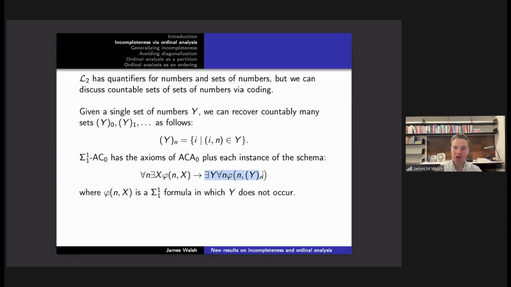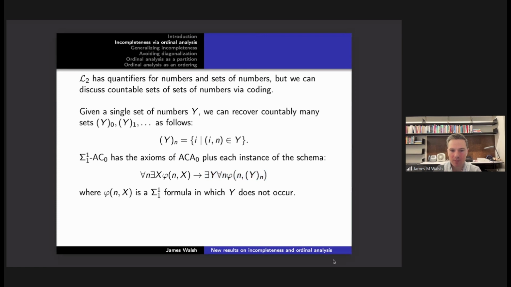Then the claim is you can find a single set, a set of sets, as it were, right? Through coding, we think of this as a set of sets. You could find a single set of sets such that each n is related by this same relation to the nth set in that set of sets. So if every number is related to a set via phi, then you can, as it were, form a set such that each number is related to the corresponding element of that set.